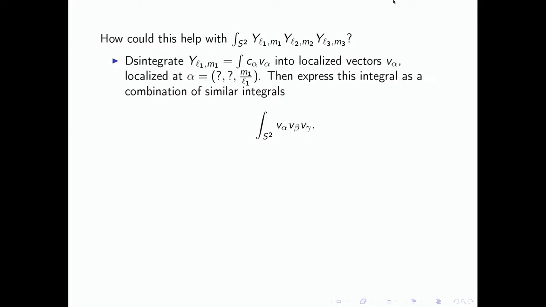Okay, so if you can't see, I don't know if there's really a good blackboard to write this, but all right. So this vector v alpha is going to be localized at some points in R3.